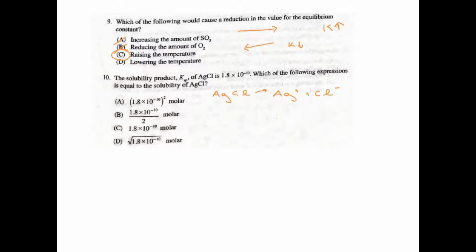Well, I know that the solubility is going to be my X. And I know that this is X and this is X. And remember, molar solubility or solubility is your X. So my KSP is going to be equal to X squared. Well, my KSP is 1.8 times 10 to the negative 10th, which means to solve for X, I have to square root this. So my answer is D.